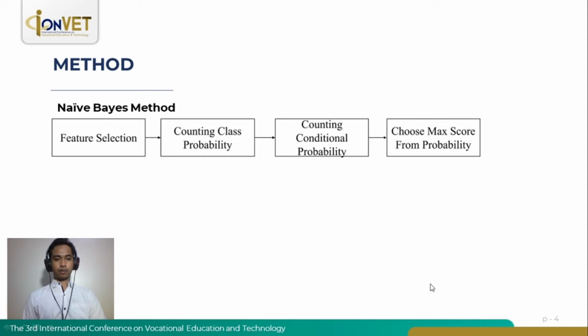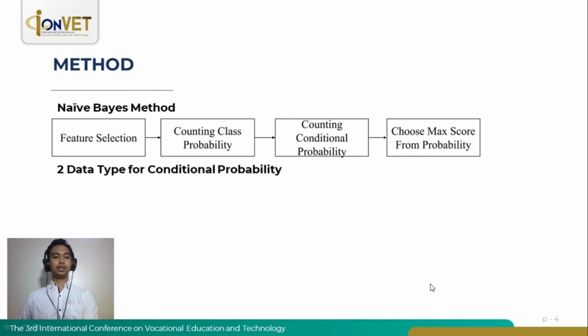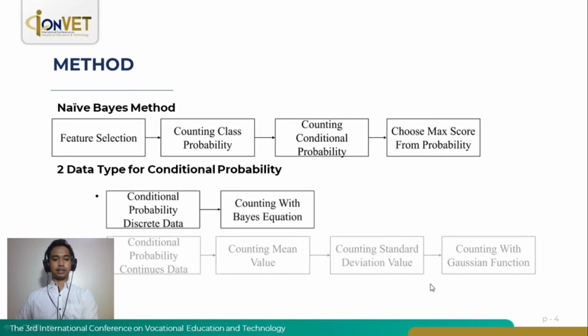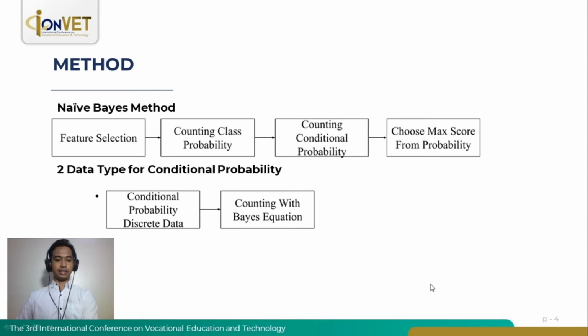And then we do counting class probability. In this research, there are 2 classes, normal and anomaly. And after counting class probability, we go to counting conditional probability. Conditional probability has 2 data types. The first is conditional probability with discrete data.